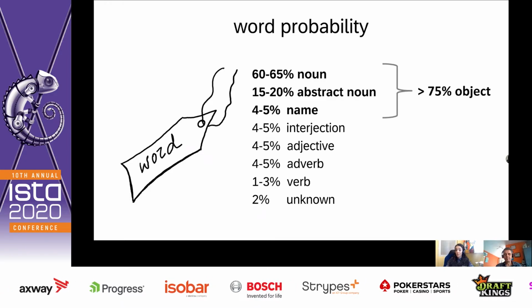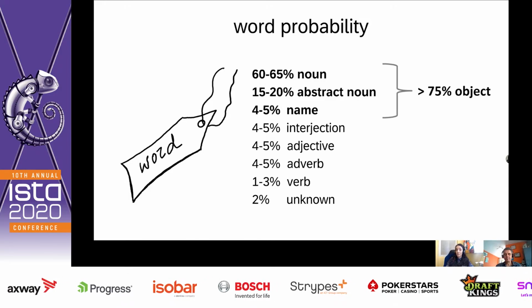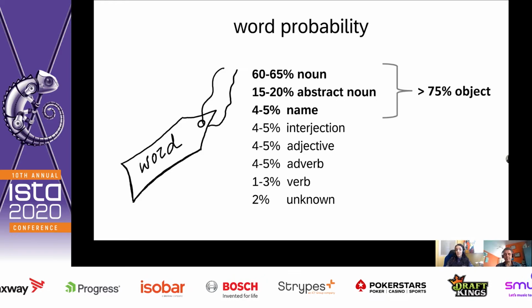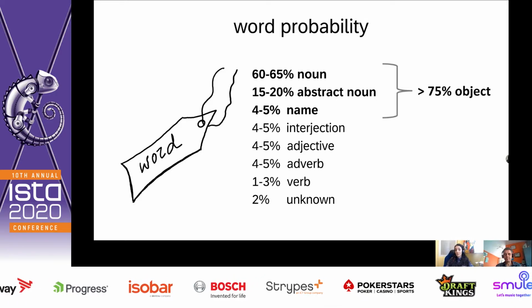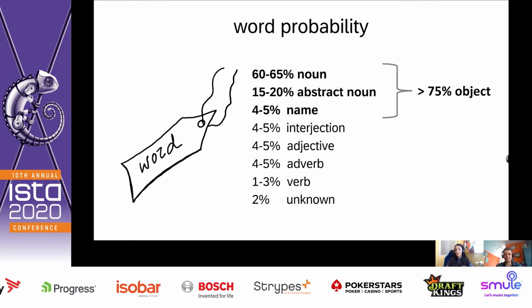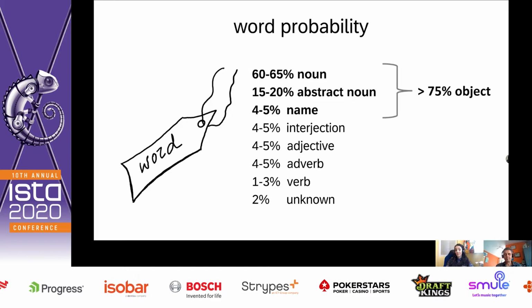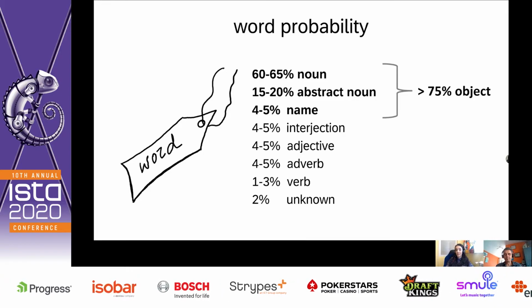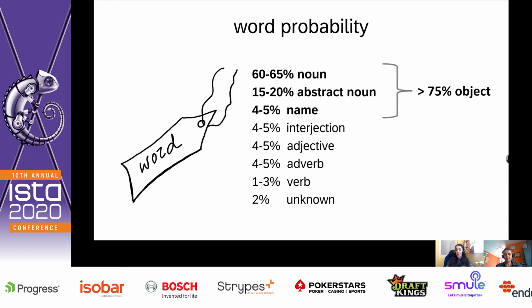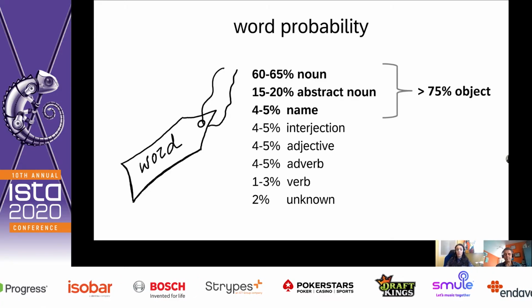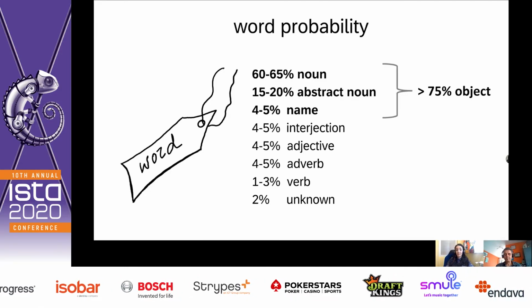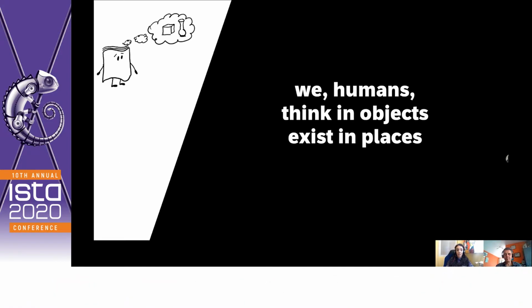Now, remember the word I asked you to think of? From our experience, chances are that this word is more than 75% in the cases an object, either a noun, an abstract noun, or a name. And this illustrates nicely that humans think in objects and exist in places.